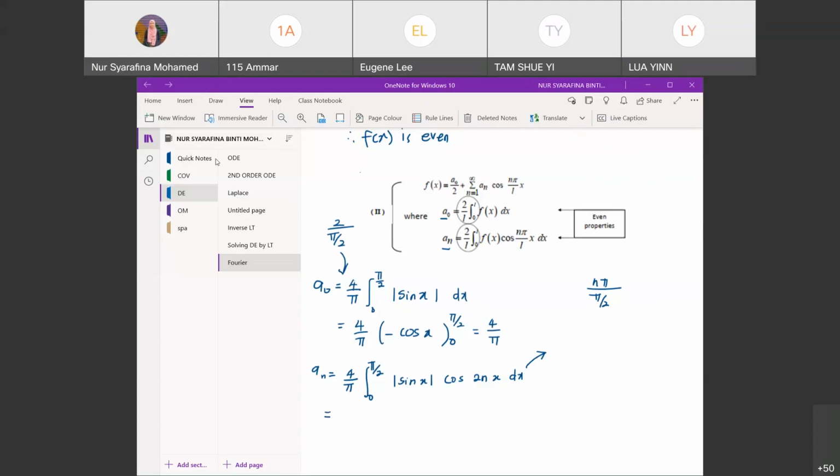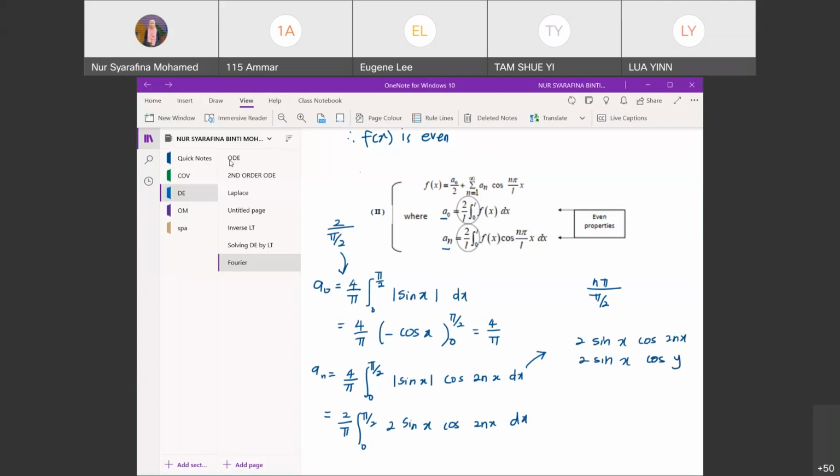Just factorize the 4 here to 2. Then we will have 2 sine x cos 2n x dx, where we can treat 2 sine x cos 2n x as 2 sine x cos y.